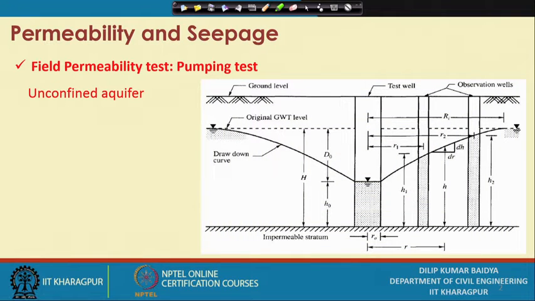When we consider the pumping test, we have to see the water bearing layer, and the water bearing layer can be there in two ways: one is confined and another is unconfined. Unconfined means there is an impervious layer at the bottom, and over that there is a constant water level up to some height.